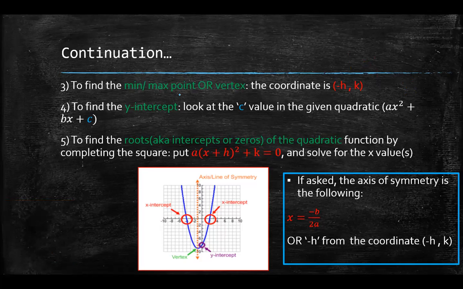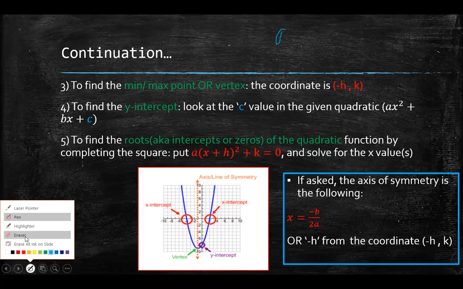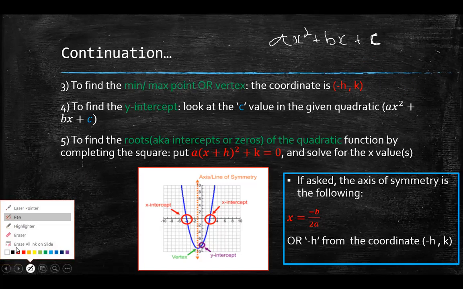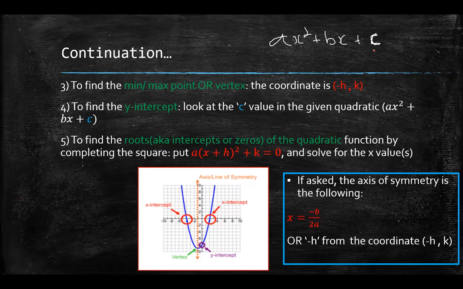So say my quadratic is ax squared plus bx plus c. If they wanted my y-intercept, all I have to do is look at my c value, and that's my y-intercept. I'll show you that soon.